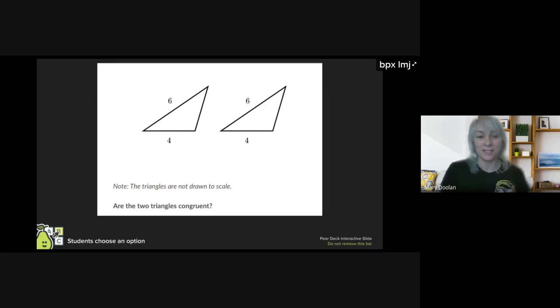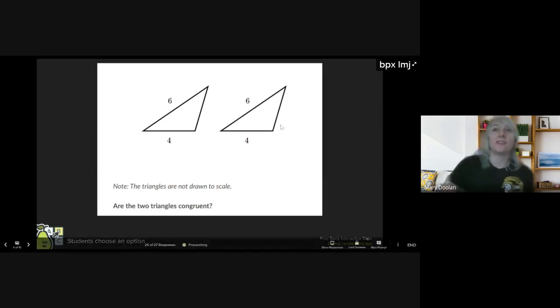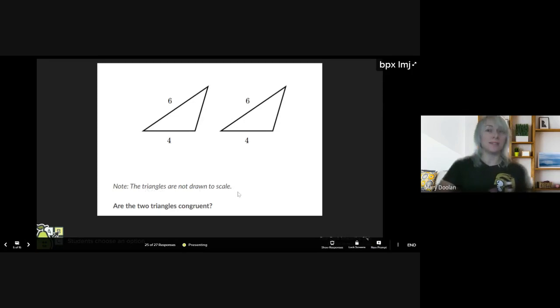Adriana says yes. Nobody else wants to say anything. Yes, she's right. It is possible that these two side lengths are different. So remember, this is not to scale. If this little piece here is slightly higher than this little piece here, these two lengths would be different.